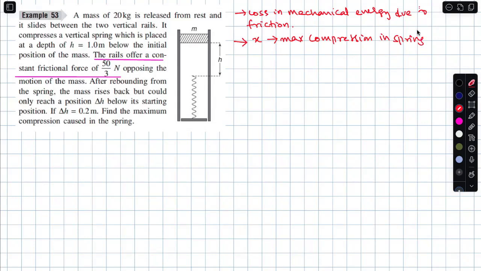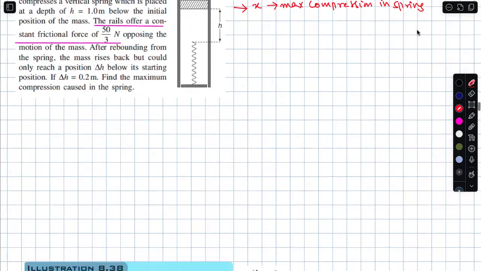So I would like to explain this like this.